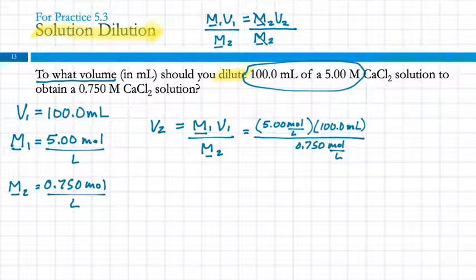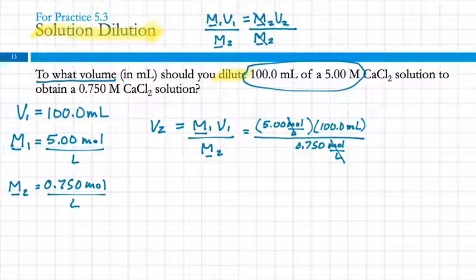So before we do any unit conversions, let's see what happens with the units. There's some units that cancel out, right? I've got moles per liter in the numerator and moles per liter in the denominator. Those are going to cancel each other out. That leaves me with milliliters, and what's the unit that I want? Milliliters. It specifies that we need to give the volume in milliliters. Sometimes you would need to convert that into liters, but this time I don't. So I can just do the math.